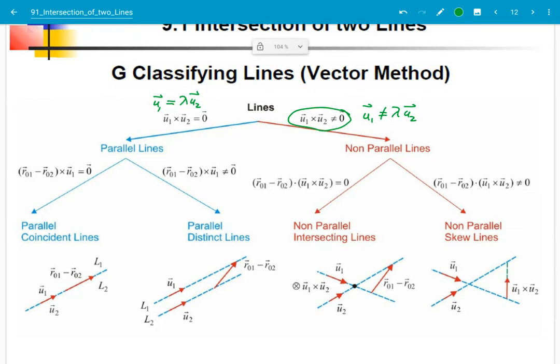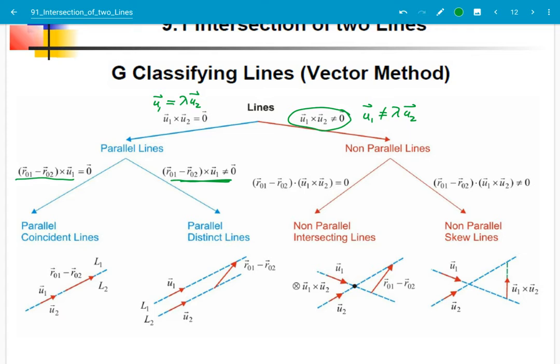And like I said, they're really big fans of this cross product idea. What you can do, R0 to R1 is actually a vector between the two lines. If that's parallel to one of the direction vectors, then they're coincident.